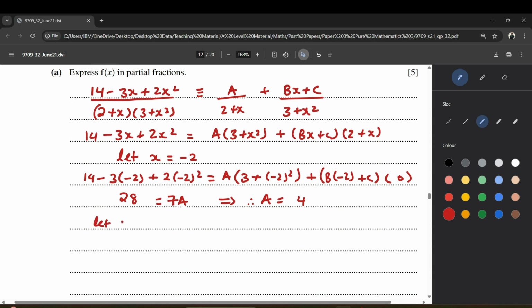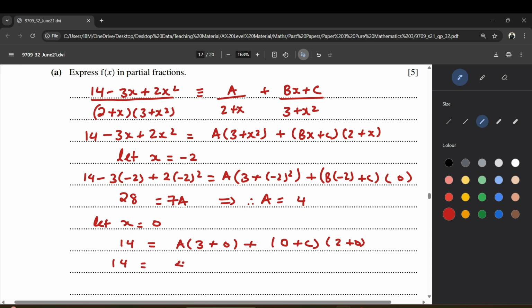Now we can say that let x is equal to 0, because when I say x equals 0, b will cancel out. a I already found out, and now I can find c. So here we'll be left with just 14 equals a times 3 plus 0 plus, b will cancel, plus c times 2 plus 0.